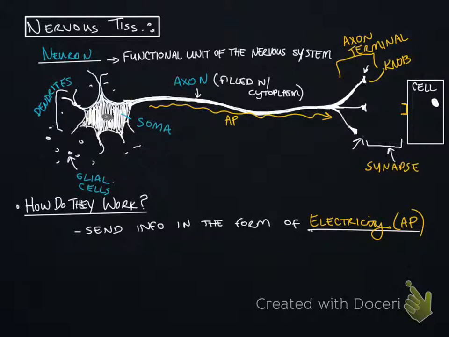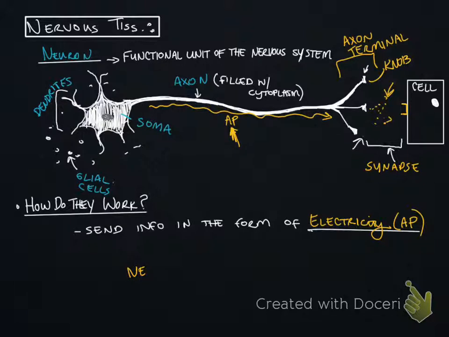And they release a chemical here called a neurotransmitter. So this message, the action potential, is electricity. And once it reaches the end of the neuron, it's going to release a chemical out into the space. So it's an electrical message and a chemical message. This chemical message is called a neurotransmitter.